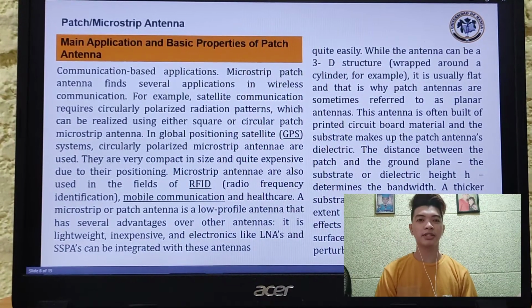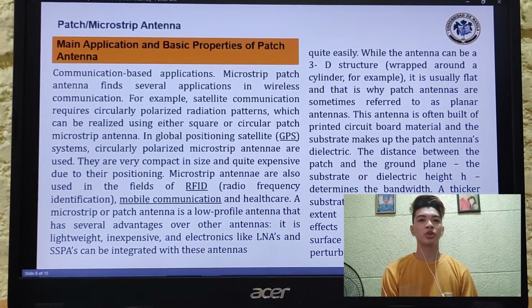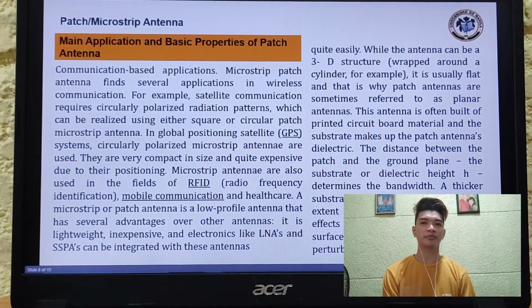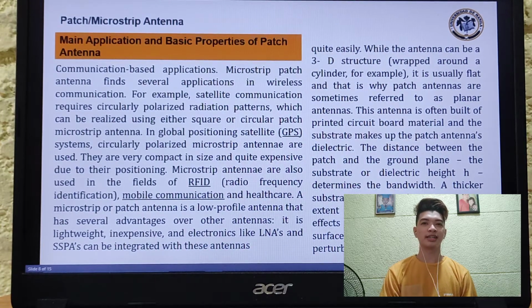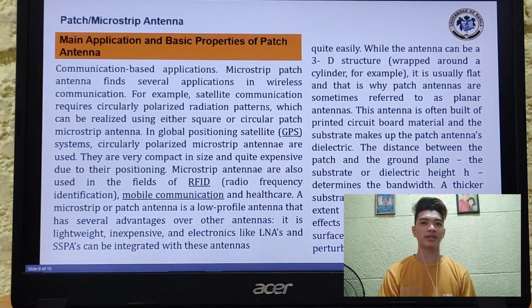Next is the main application and basic properties of patch antenna. Communication-based application: microstrip patch antenna fills several applications in wireless communication. For example, satellite communication requires circularly polarized radiation patterns, which can be realized using either square or circular patch microstrip antenna.